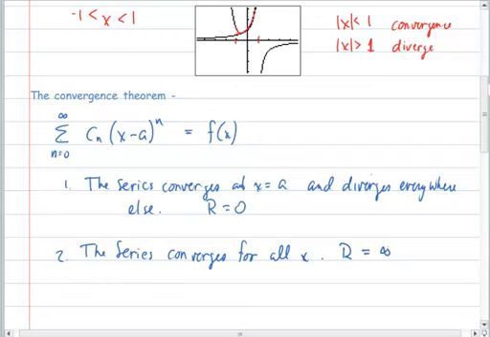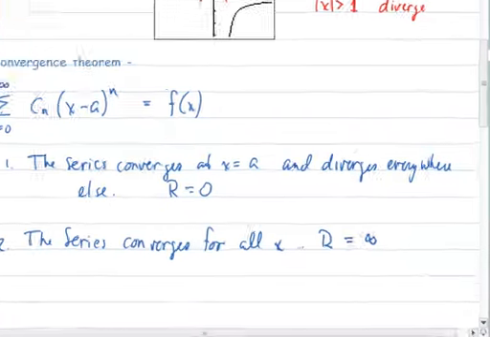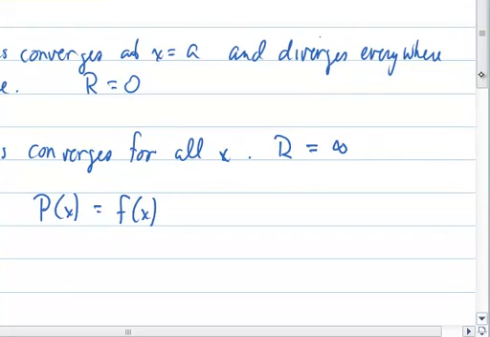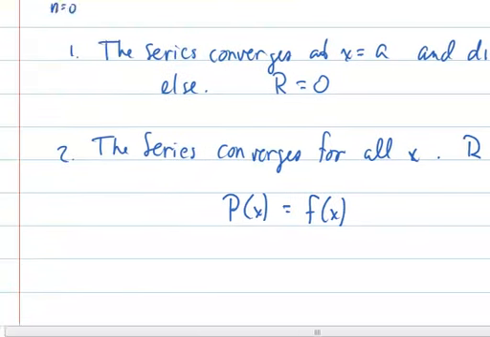That simply means that no matter what value of x we use, the polynomial will equal the function. We just need to have enough terms in the polynomial to make sure that it converges.